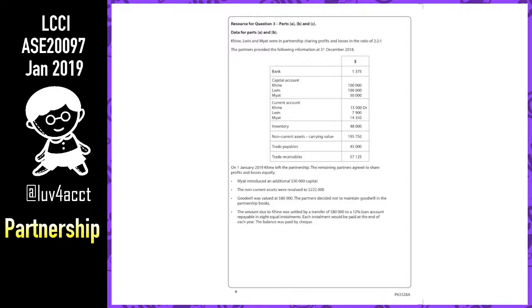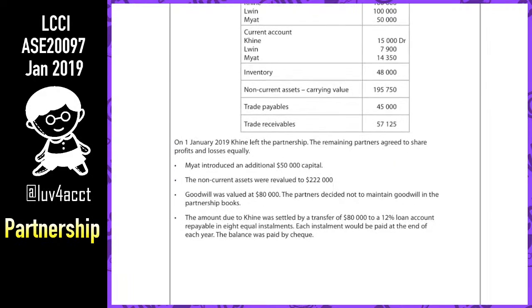We are given bank, capital account, current account, inventory, non-current asset carrying value, trade receivables and payables. This is the year-end balance, 31st December. I guess it is after the share of profit, after everything.